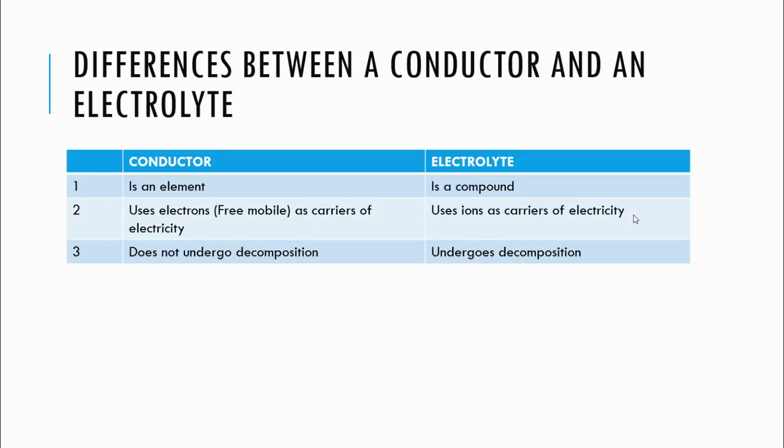The difference between a conductor and an electrolyte is that a conductor is an element. Iron is a conductor, zinc is a conductor, the metals on the periodic table are conductors, while an electrolyte is a compound. It has to break down to form ions, and then the ions are the ones conducting. Your conductor uses free mobile electrons as carriers of electricity, while your electrolyte uses ions.